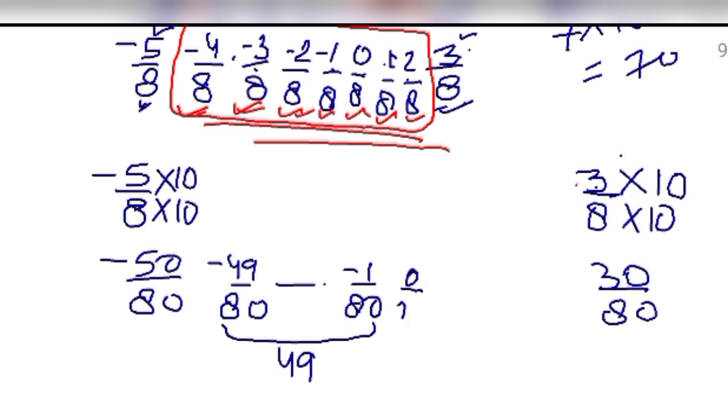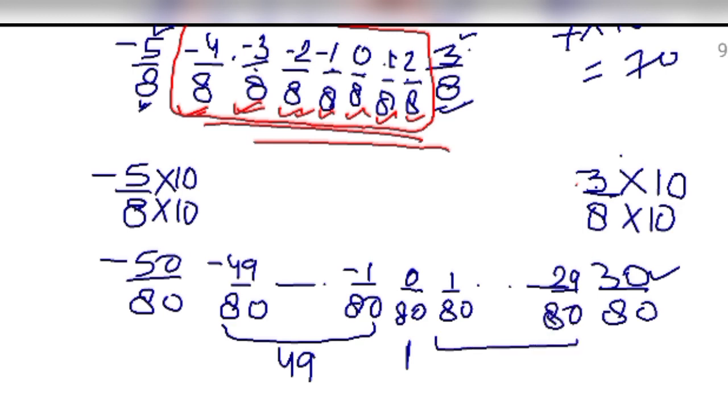Now 0 upon 80, again 1 rational number. Then 1 upon 80 in positive to 29 upon 80. 30 तो ये already है. 29 upon 80. These are 29 rational numbers. So how many total rational numbers we have? 49 plus 1, 50 plus 29, 79 rational numbers we have found.